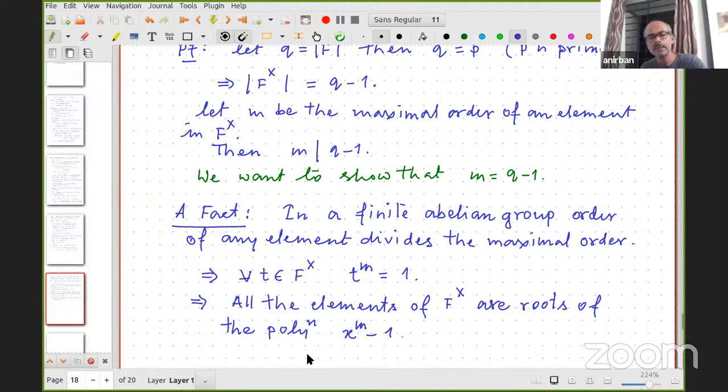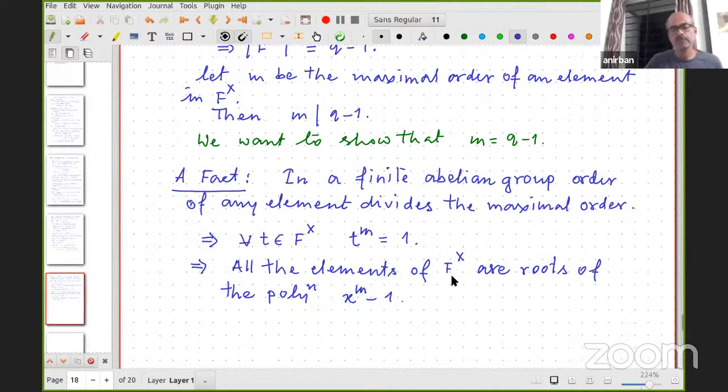Every element of F cross satisfies this equation, because for any element t to the M is equal to 1. So this follows from this fact.